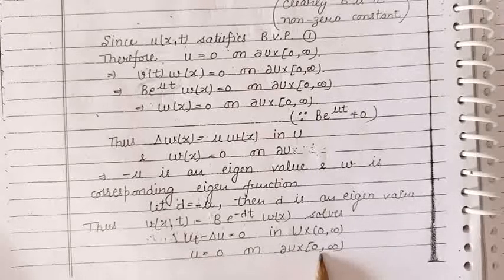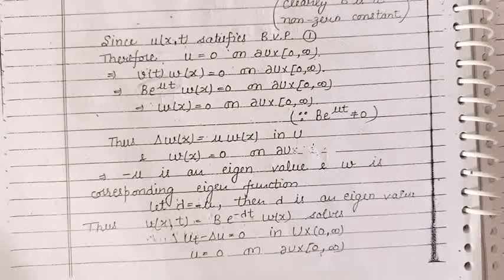Now it remains to use the last condition given in the problem, that when time is 0, the function u is g. Now let us apply that condition.